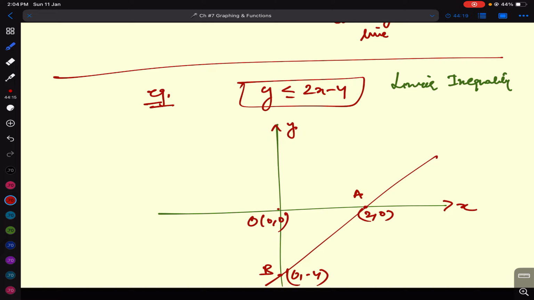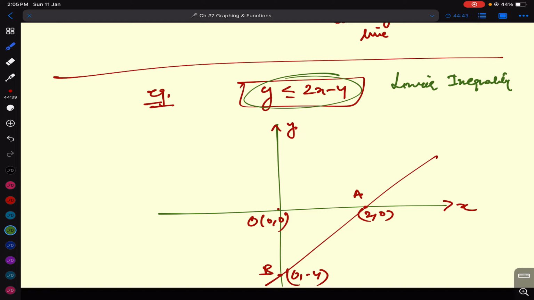Now the only thing we have to focus on here is that in the case of a linear equation we had a straight line, right? But here instead of a straight line, the area is going to denote the graph, the area of the coordinate plane which satisfies the inequality. The inequality here is y is less than or equal to 2x minus 4. What does that mean?